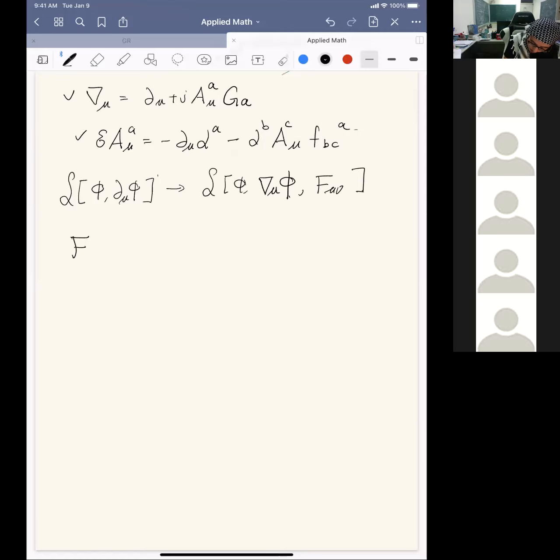The field strength, if you remember, is just equal to the commutator of my covariant derivative. So I can expand out and write my covariant derivative. It's partial mu plus I A mu A GA, and then partial nu plus I A nu B GB.